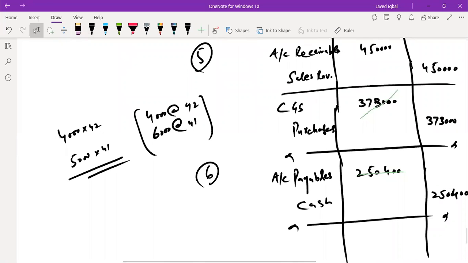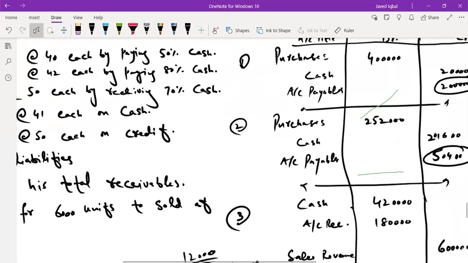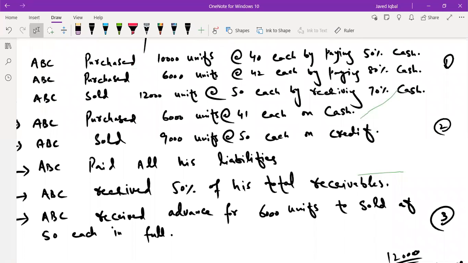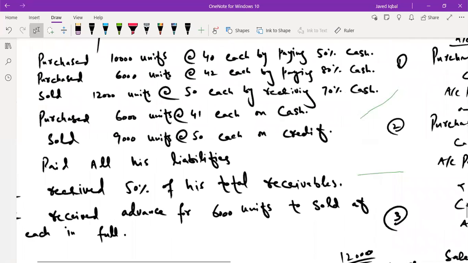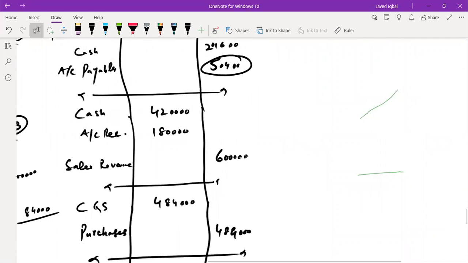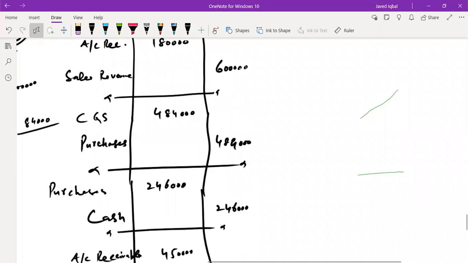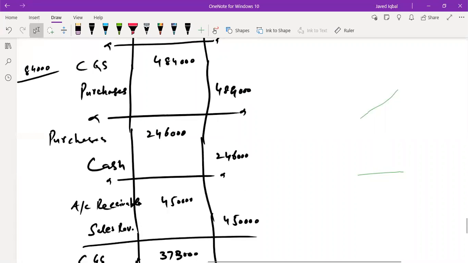So what do we have next? Next transaction is we receive 50% of receivable. You have one receivable of 180,000, plus nothing here.